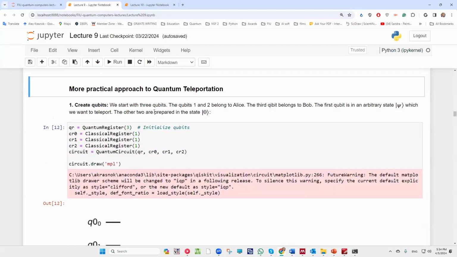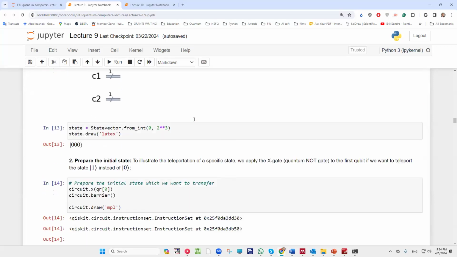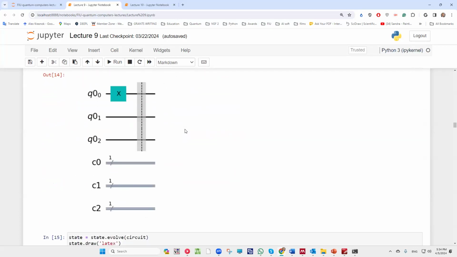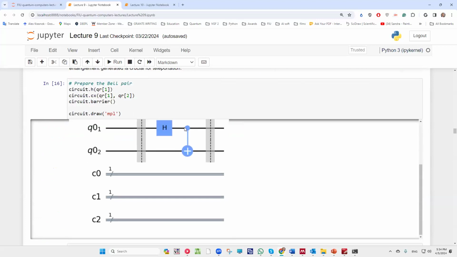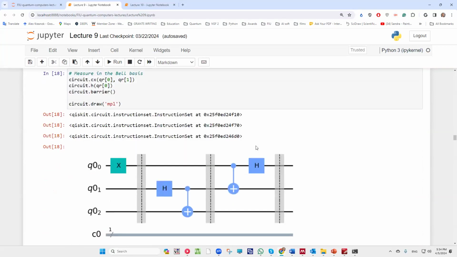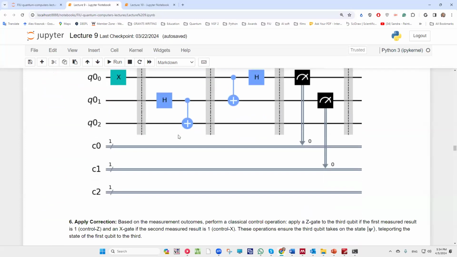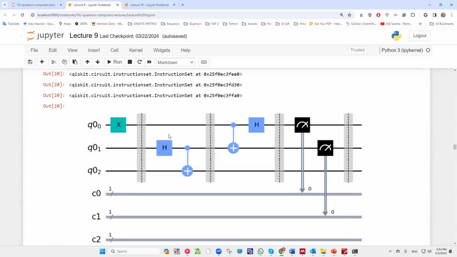Okay, then we also discussed the more practical quantum teleportation using Qiskit. We discussed the circuit step by step, so I encourage you to go through this part once again.